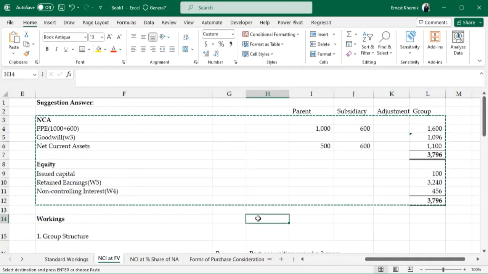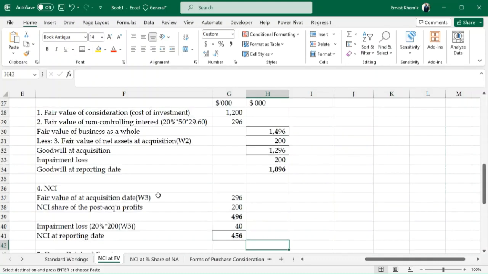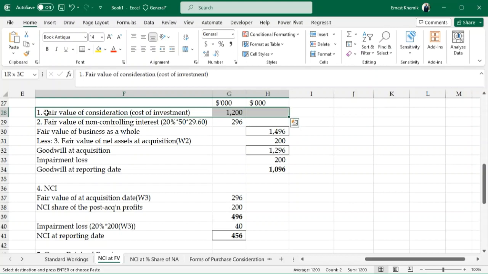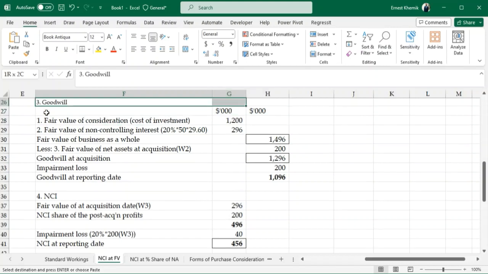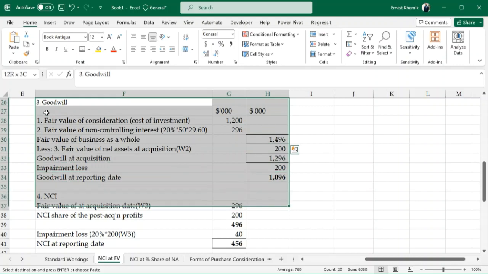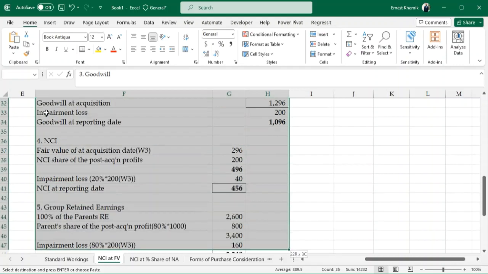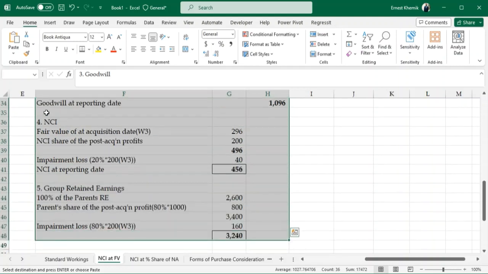What I need to do is just copy the workings for my goodwill up to the workings for the group retained earnings. So I'm going to copy this.